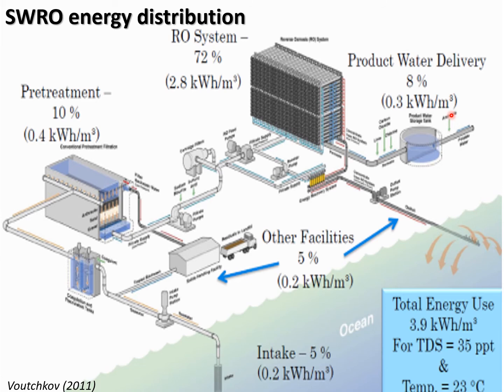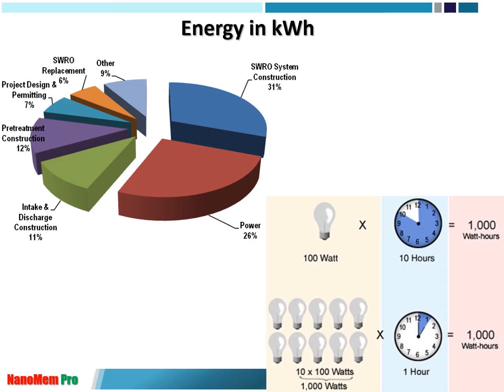When you consider water quality of 35,000 milligram per liter and 23 degrees, it has 3.9 kilowatt hour per cubic meter in a general seawater reverse osmosis process.